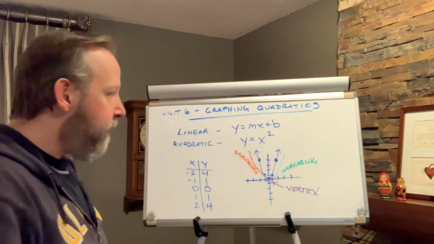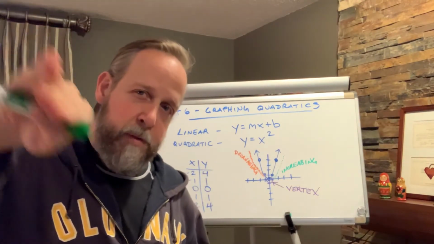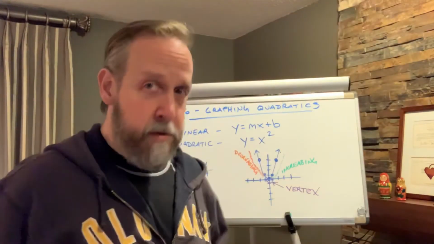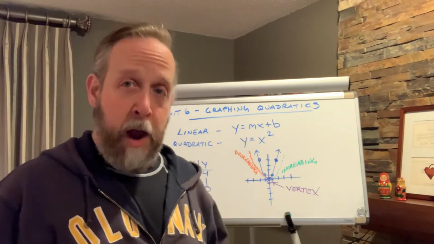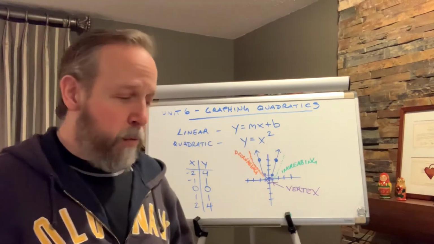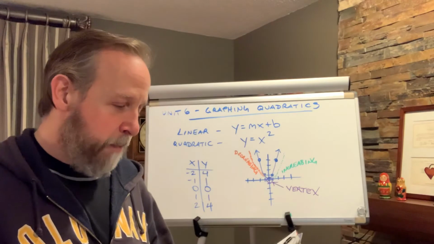All right. So we have intervals of decrease as it's coming down from the left, and an interval of increase as it's moving up to the right. We'll talk about the notation for how we describe those intervals at a later date. We've got increasing, we've got decreasing, we've got vertex, we've got the word parabola.